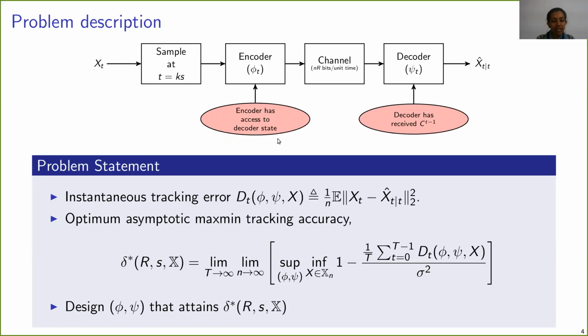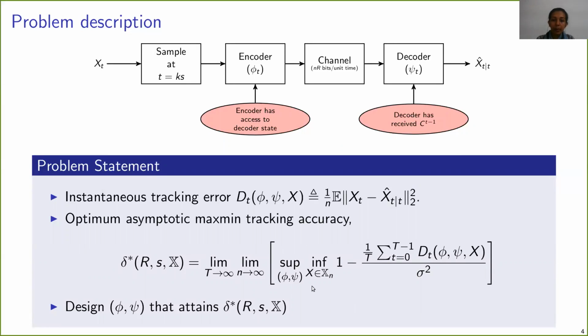In order to minimize the error in the real-time estimation, we must try to reduce the instantaneous tracking error given here. Equivalently, we may also try to maximize the tracking accuracy. Hence, we have formulated this optimum asymptotic maximum tracking accuracy as in here. Here, the tracking accuracy is 1 minus the time average of the instantaneous tracking error normalized with respect to the process variance.